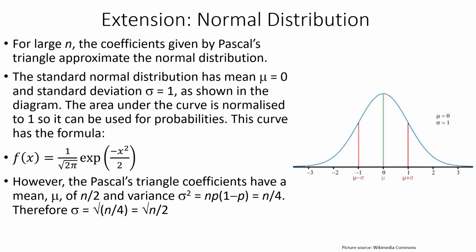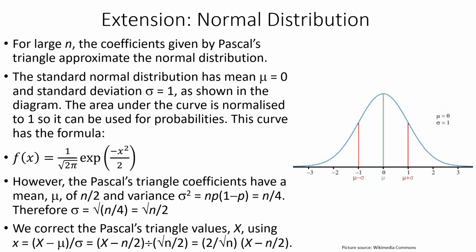So our mean is going to be n over 2, where n is the number of coin tosses, and the variance, which is sigma squared, the square of the standard deviation, by definition this is the number of coin tosses multiplied by the probability of heads multiplied by the probability of tails, and since those are equally likely, this is n over 4. And so it turns out then that if sigma squared is going to equal n over 4, we can say sigma is going to be the square root of that, which will be root n over 2.